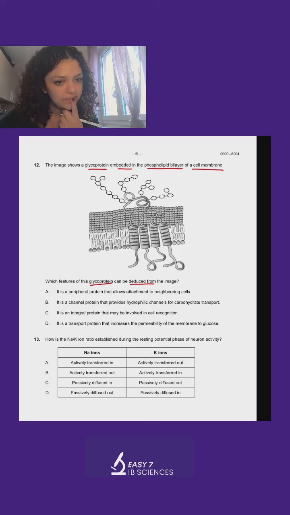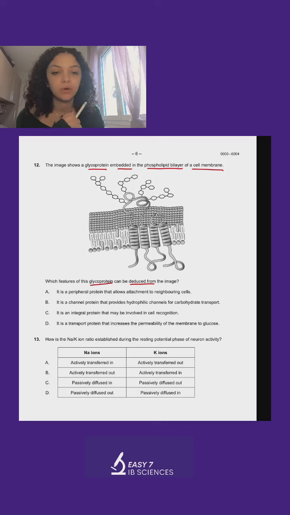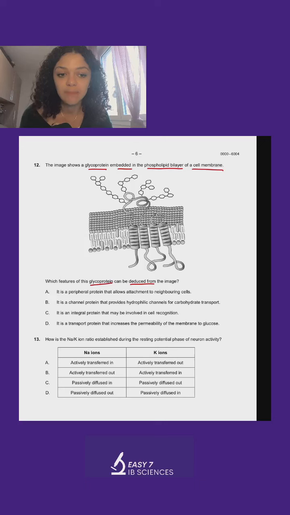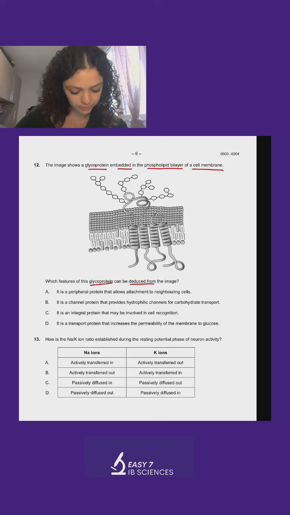Okay, I'm getting C's. C's, very good. Let's see actually. For your new syllabus, you need to know a little bit more about glycoproteins than you needed to know in the previous syllabus. So I would not be surprised if this showed up on your exam, because they're trying to introduce new things, make sure students are aware, hey, this is a new syllabus, we're going to start introducing new things.